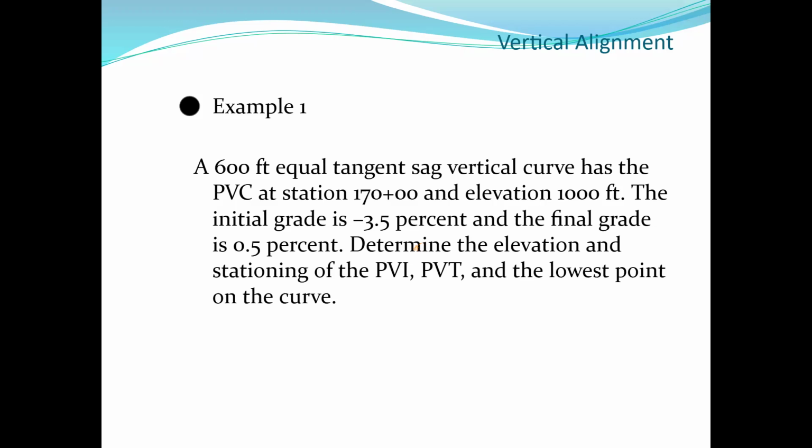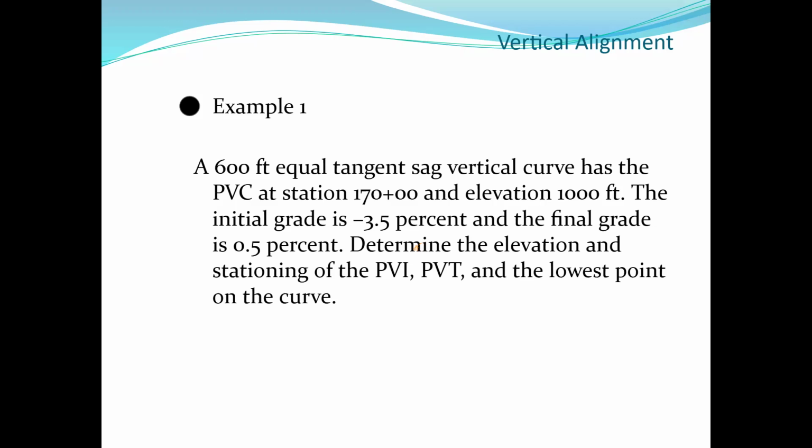So should I just go ahead and plug in X equal to 300 here, because my L is 600? We know that in this problem, L is 600 feet. Should I plug X equal to 300 feet in this equation to get the elevation of PVI? No, that will be completely incorrect. You know why, right? Because PVI is not a point on the curve.